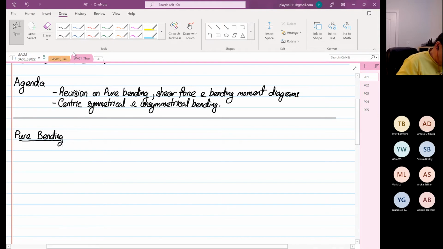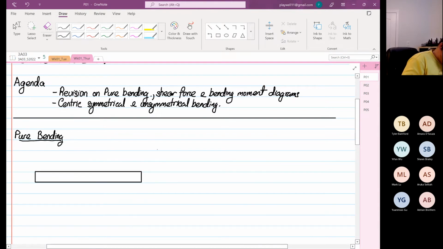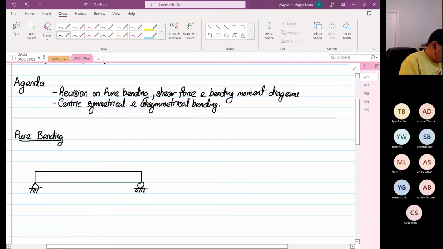So when we have a structure that is simply supported, this is our beam. This is a pin, and on the other side you usually put a roller.